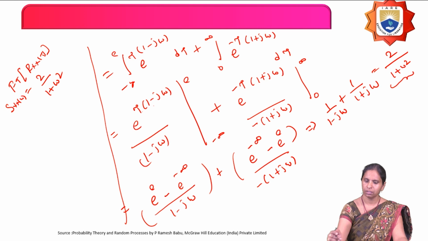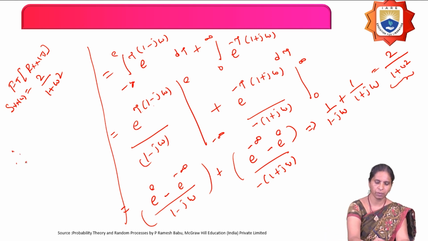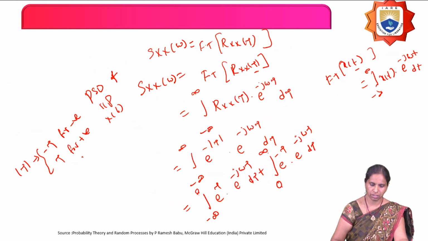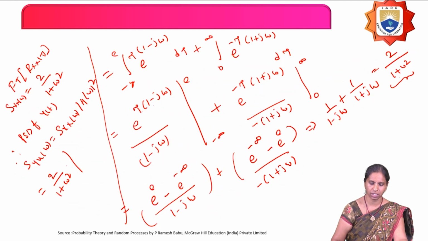And what is Sx of omega? You got 2 by 1 plus omega square. Therefore, what is the power spectral density of the output? The PSD of the output y of t, nothing but Syy of omega, equals Sx of omega into mod of H of omega square. So what is Sx of omega? 2 by 1 plus omega square into mod of, so what is H of omega? You got 1 by 2 plus j omega.